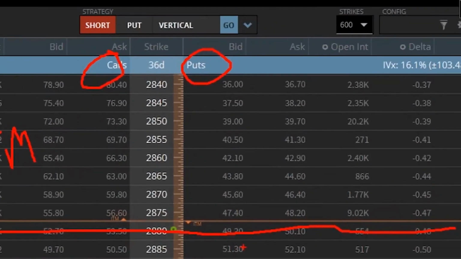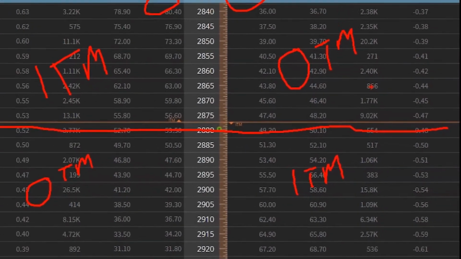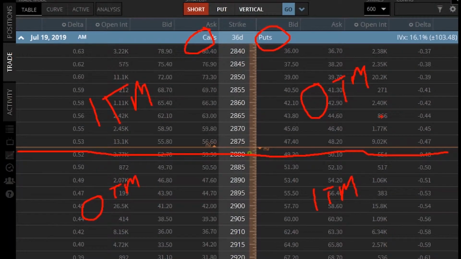On the put side, below the at the money line, it's considered out of the money, so it's the opposite of the call side, and above it is in the money. It's very important to know whether you're trading something at the money, in the money, or out of the money, because it's about probabilities, and when you're selling something in the money or out of the money, it's a big difference in those probabilities.